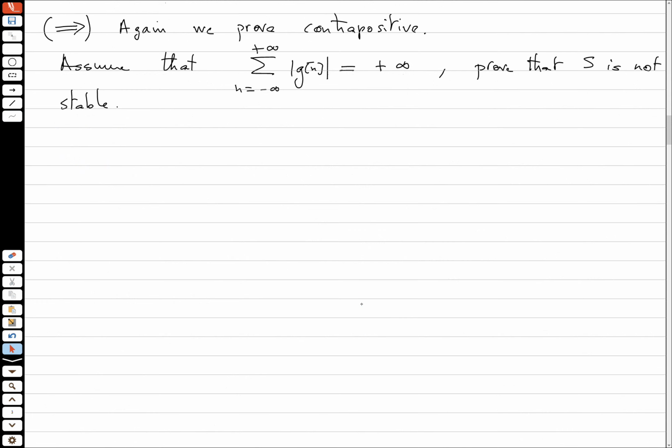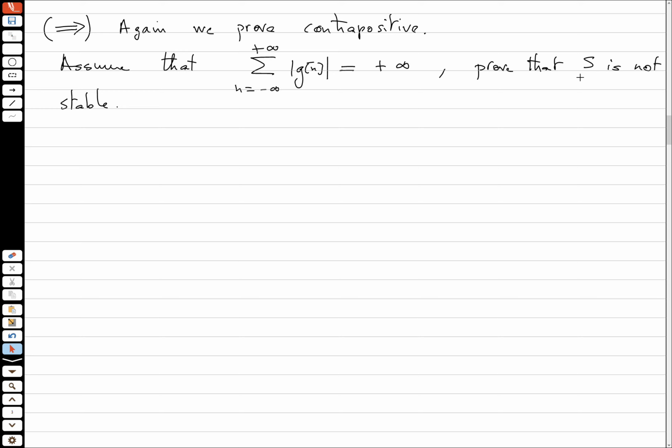All right, so I'm going to show you that. I'm going to show that S is not stable. Again, to show that the system is not stable, you just need to provide one example, which is the nice thing, right?